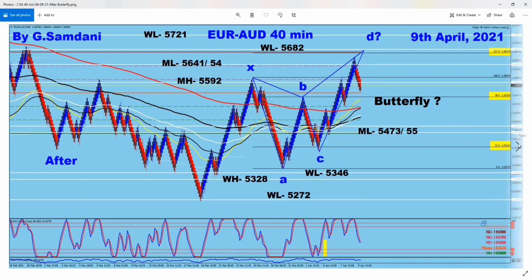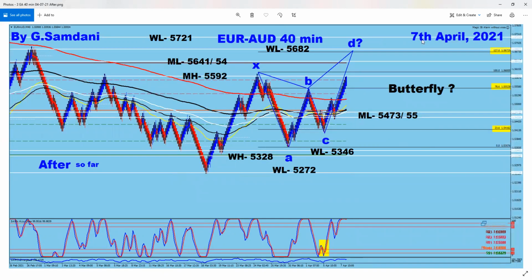But what happened is that when I made the last video on this EUR-AUD, I think on the 7th, we were here. This is the chart. I showed that my target was 55.92, and it was hit, and I closed my second trade.